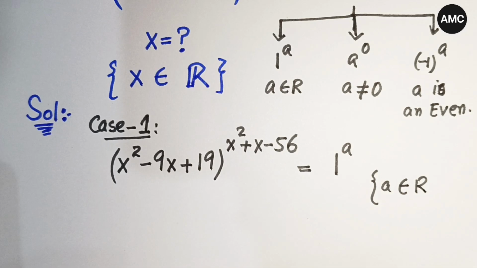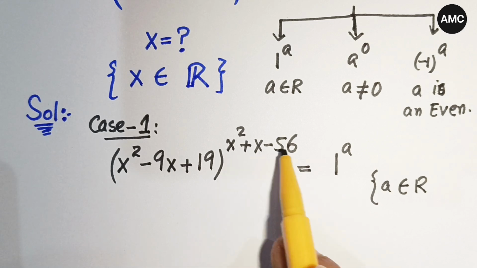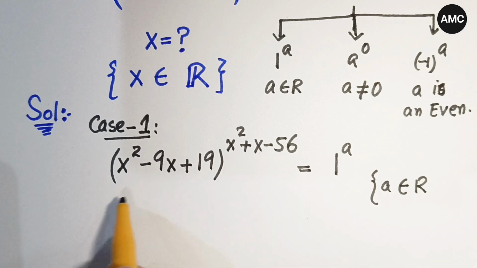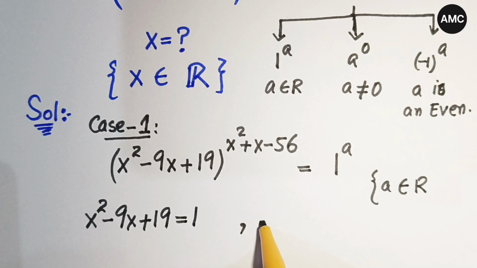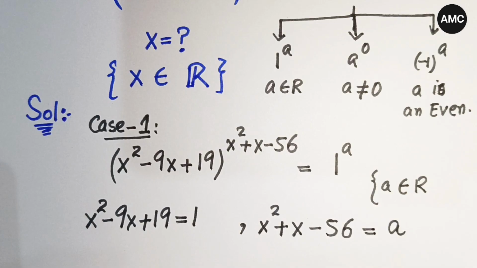Now we solve this equation. So we can write two equations: x² − 9x + 19 = 1, and since the exponents are equal, x² + x − 56 = a.